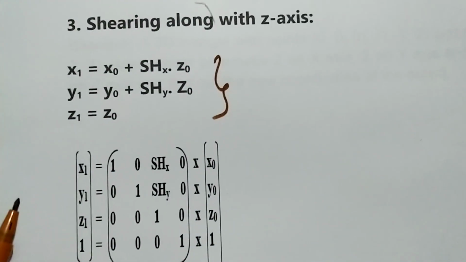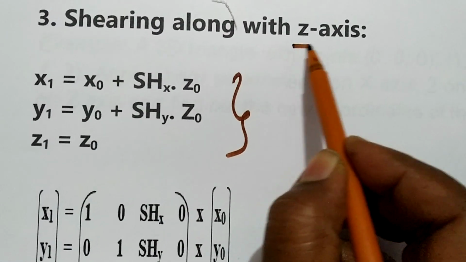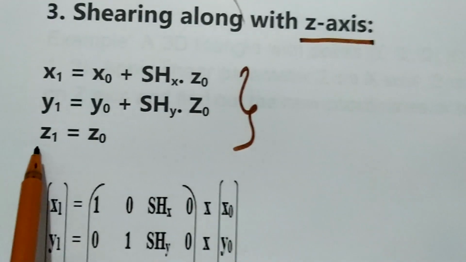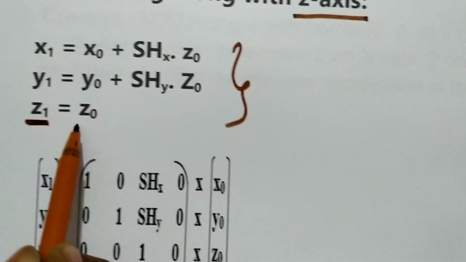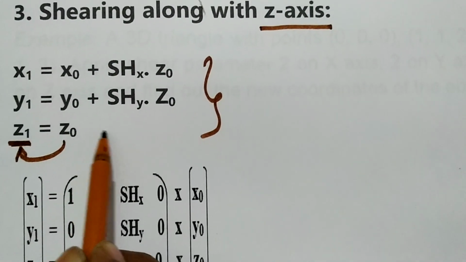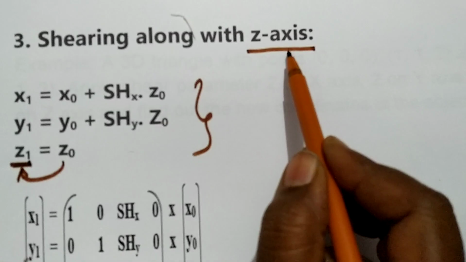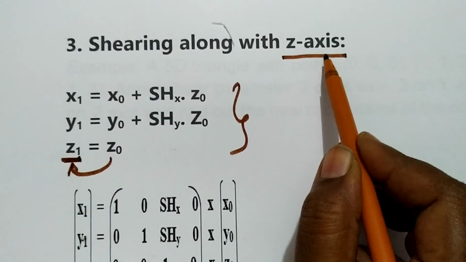Using this equation, you can change the size of an object along the z-axis. In this case, for the value of z1, we get the old value of z. We don't add any shearing parameter for z when we want to perform shearing along the z-axis.